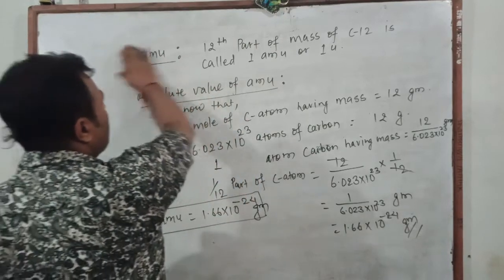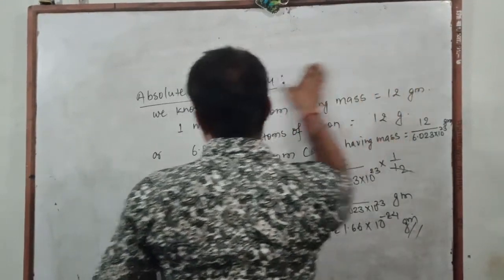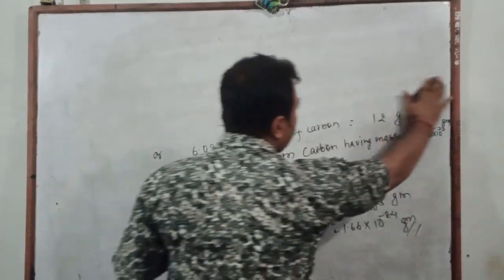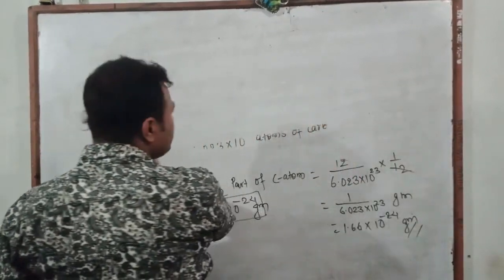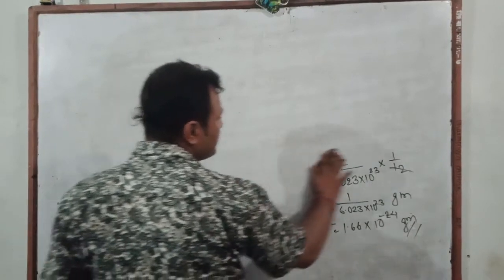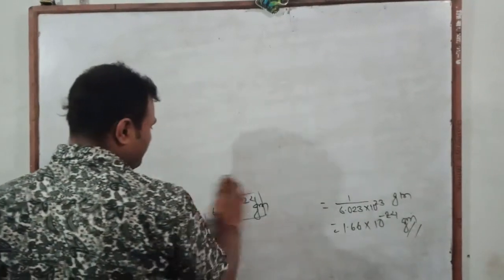After that, compounds are formed by the combination of various elements in a definite ratio.